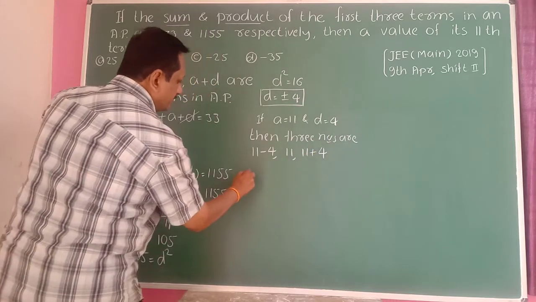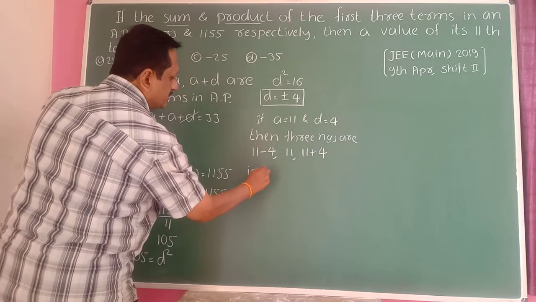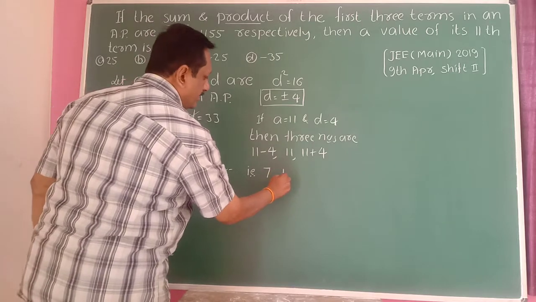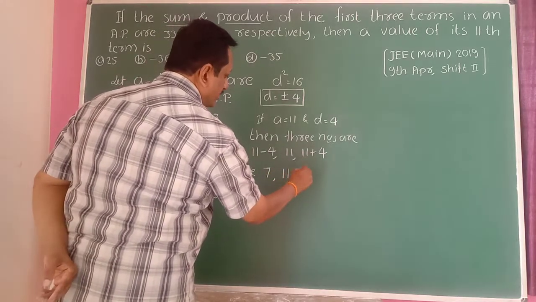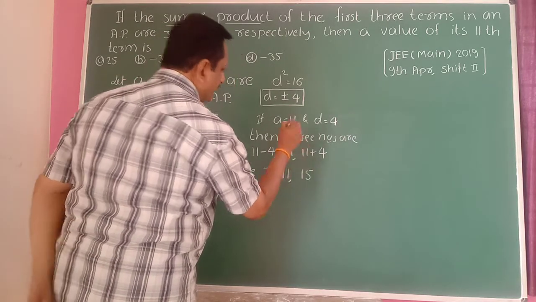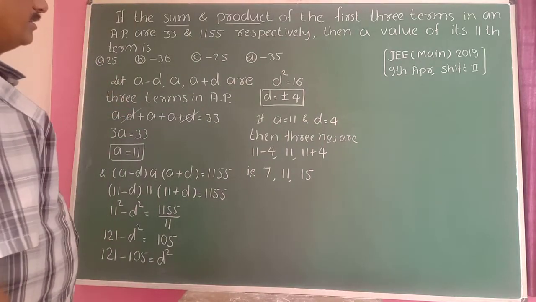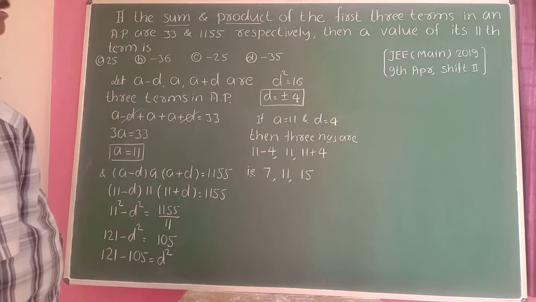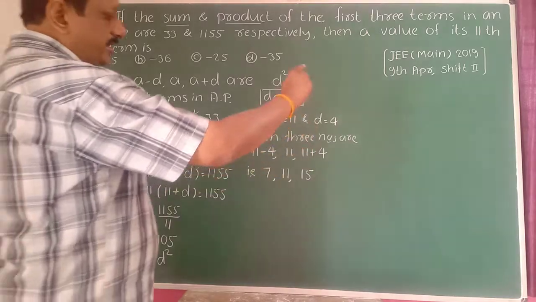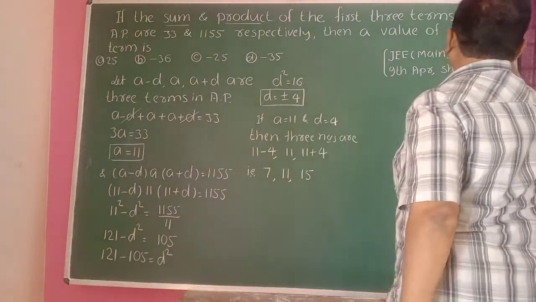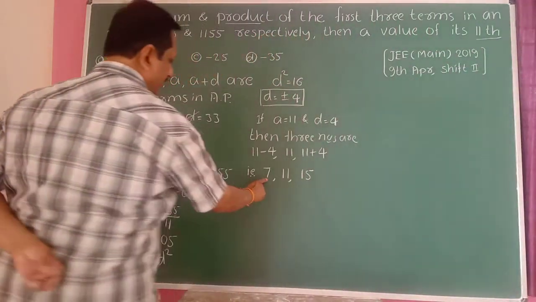That is 11 minus 4 is 7, 11 plus 4 is 15. These are the three numbers here. Then here we want the 11th term. So the first term is 7.